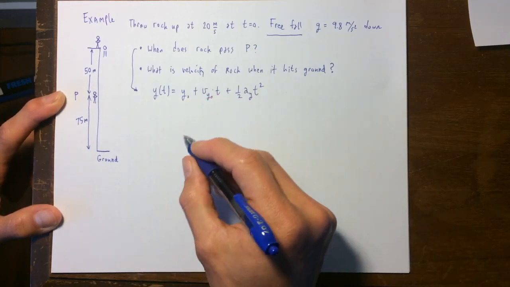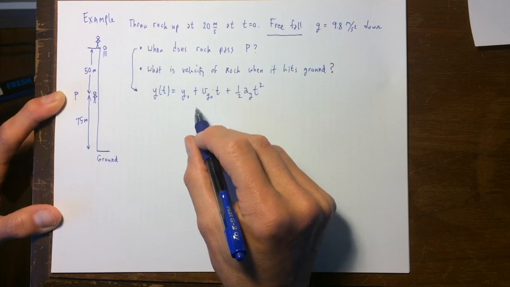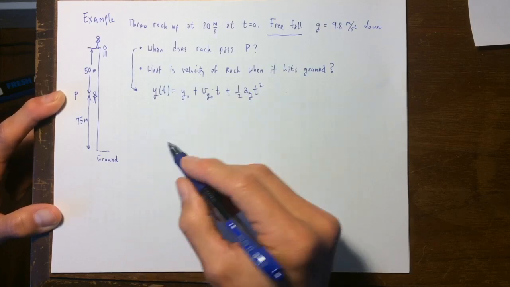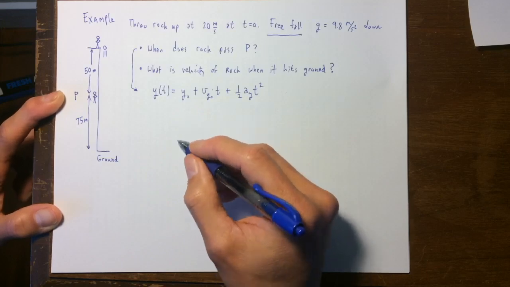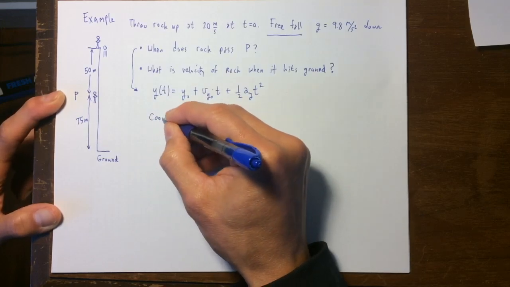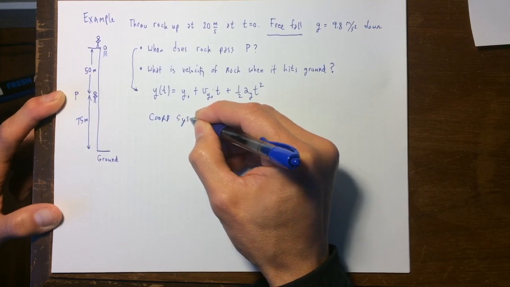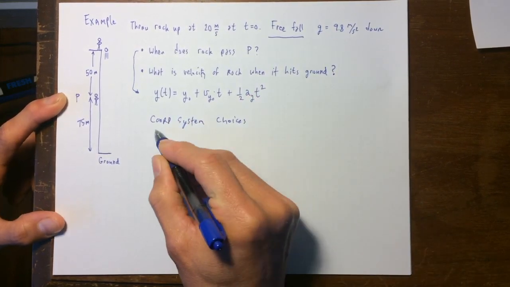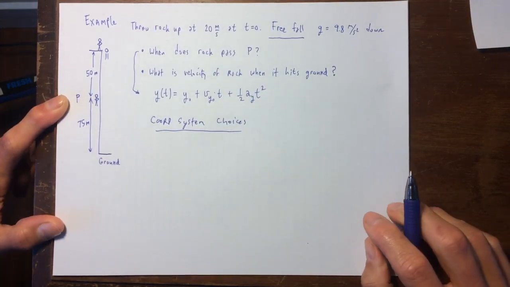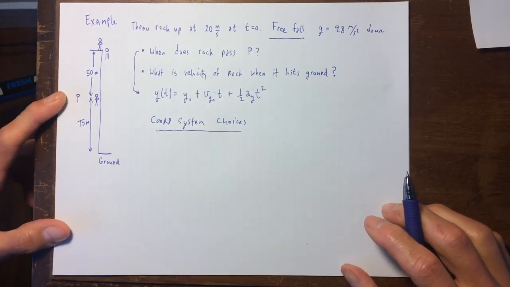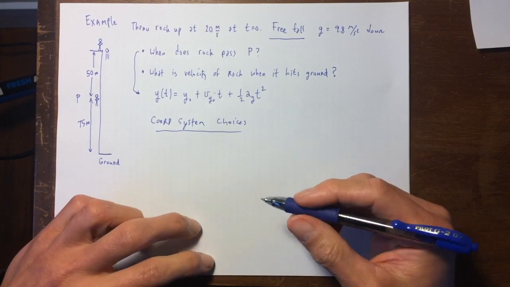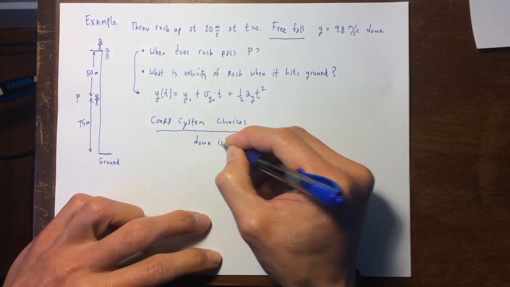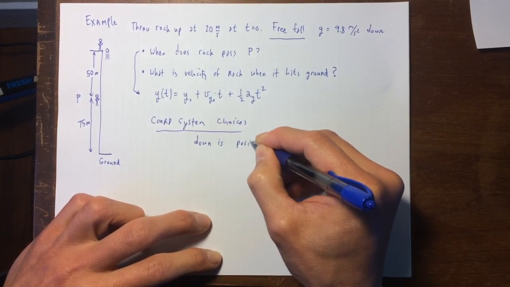So all of those decisions on how to put these values in are addressed by the choice of coordinate system. So let's make some choices, and I'm going to make choices that are different than the choices I made before. Just for fun, before I said up was positive, I'm going to say down is positive.